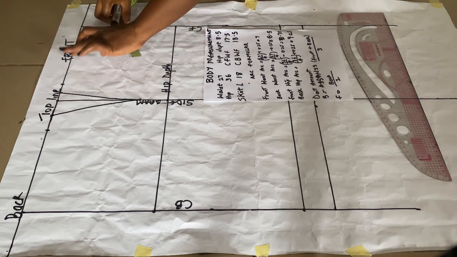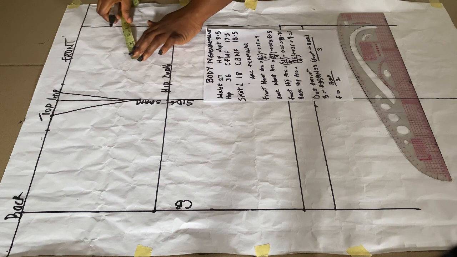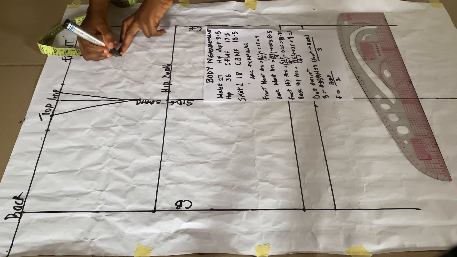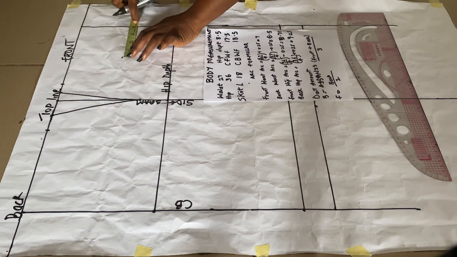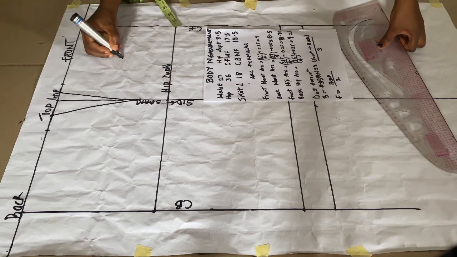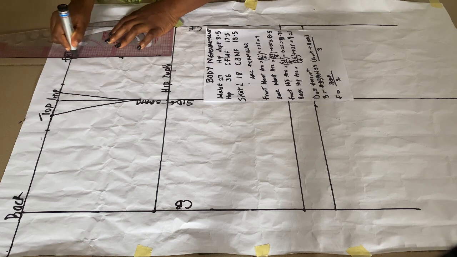So that's the length of the dart, 4.25. So we'll mark 4.25 from this top line here, and I'll also mark 4, which is the dart line.